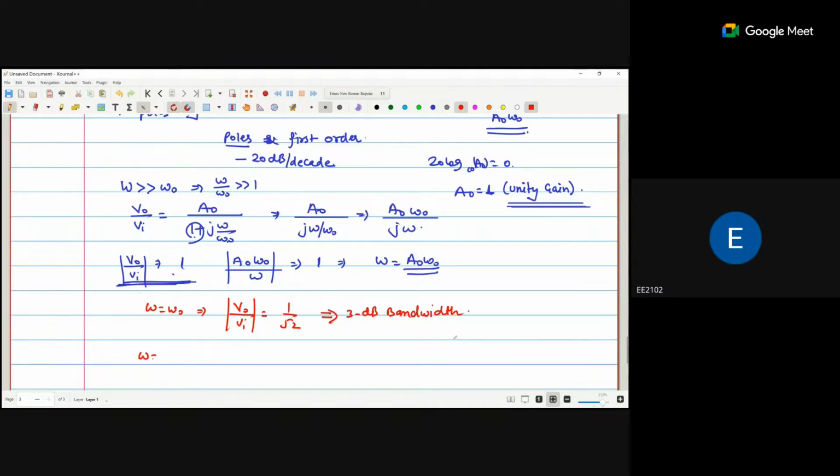And when omega is equal to A naught omega naught, that means the magnitude of V naught upon Vi is 1, and it is called the unity gain bandwidth. So two different bandwidths will be defined here.